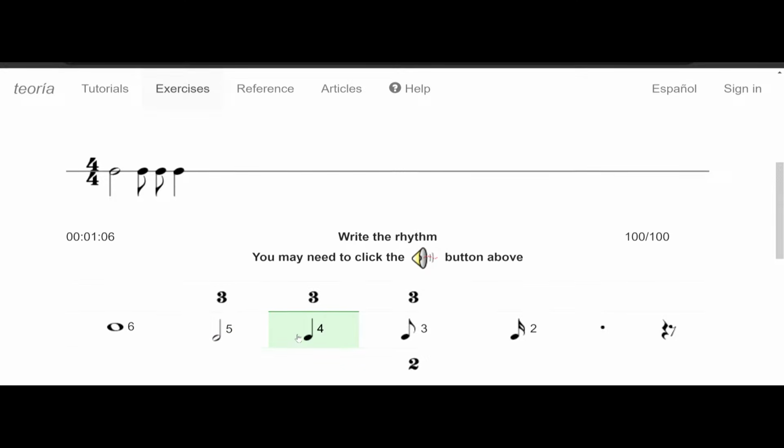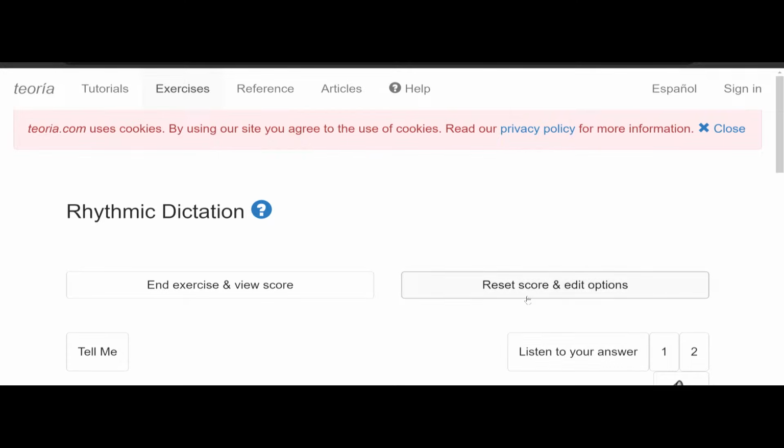Oh, and let me put a half note. It must have been a quarter. Hold on. Let's try again. And by the way, you can listen to this as many times as you want. Perfect.